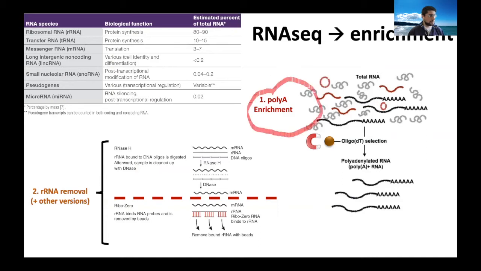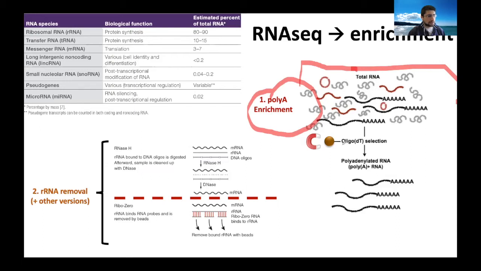All right, poly-A enrichment. So what is going on here is we have our RNA that has been extracted. Basically, we are mixing our total RNA with these magnetic beads. You see this brownish circle, that's a magnetic bead.